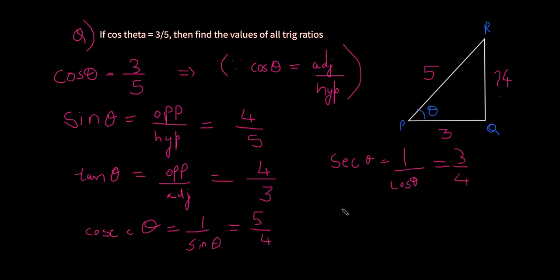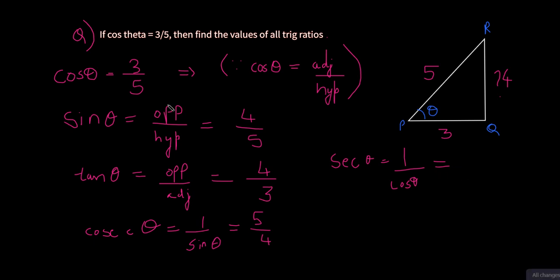and cot theta is the inverse of tan theta. Oh, sec theta is 1 upon cos theta, and cos theta is 3 by 5. I'm sorry, I got confused.